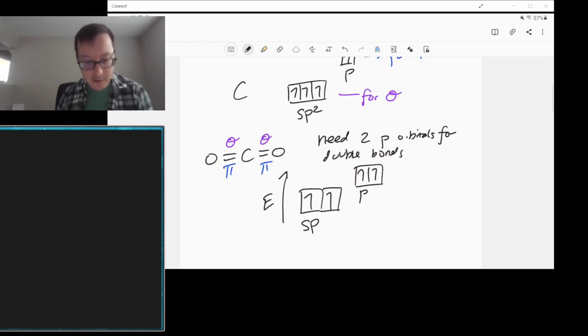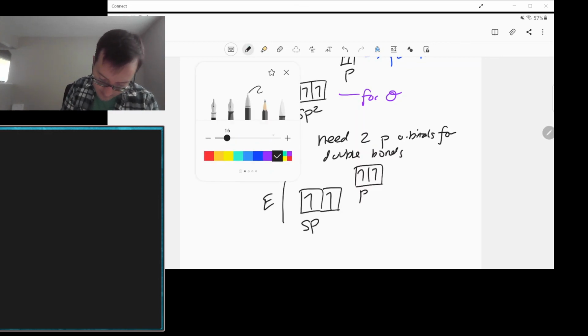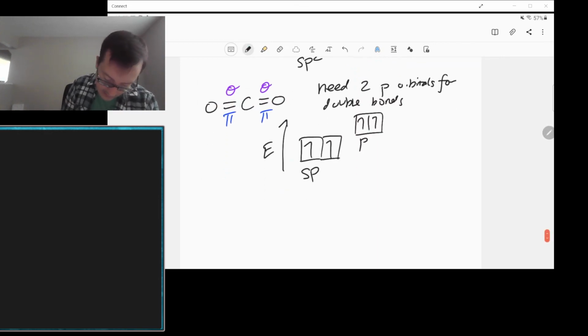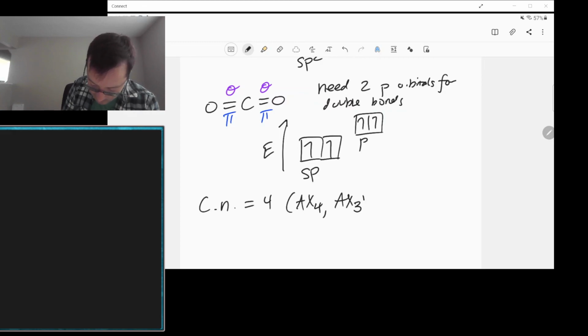And here's the easy way to tell. If you have a coordination number of 4, be it AX4, AX3E, etc., you are sp3 hybrid.